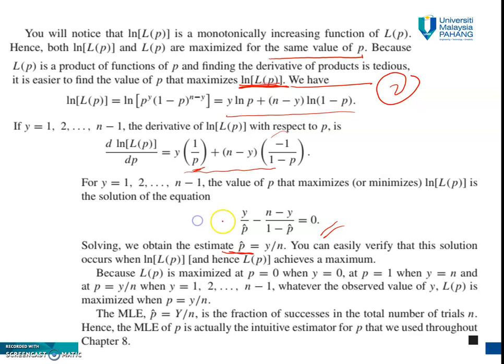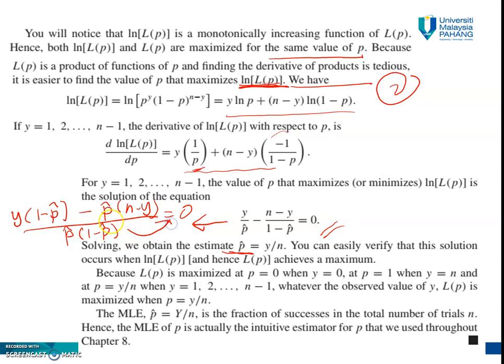This one you must solve first. Basically you will have y(1 minus P hat) minus P hat(n minus y), and then this equals 0.